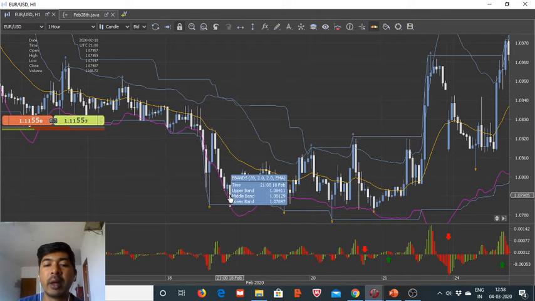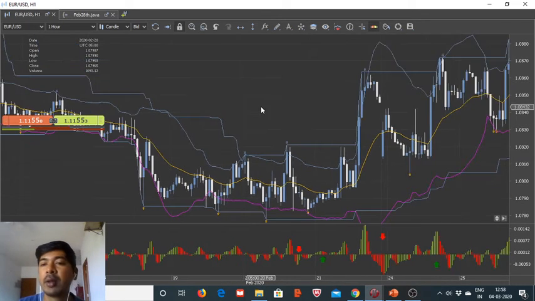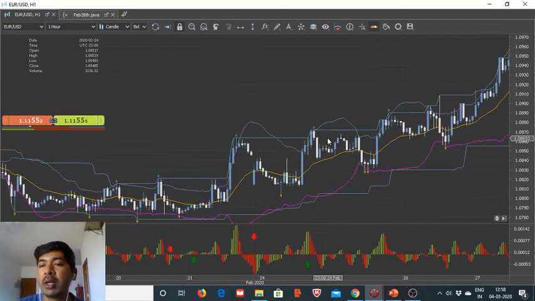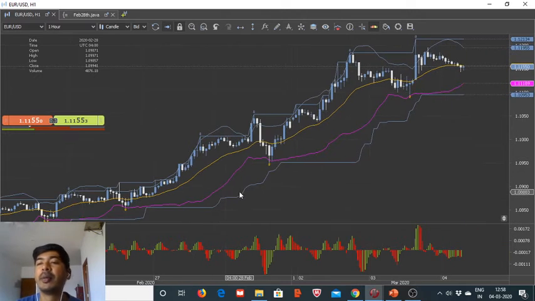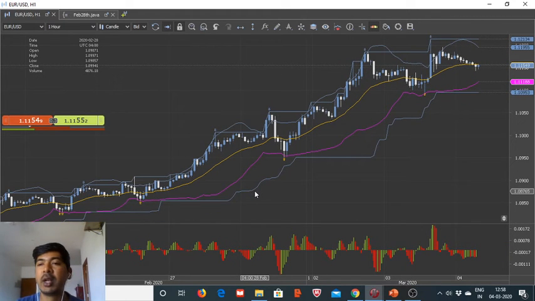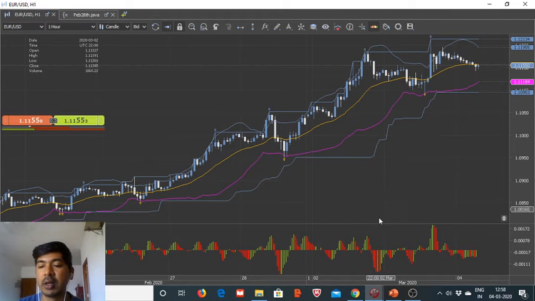And as you can see that after a fresh low or fresh high has been made, the underlying instrument tends to remain in consolidation phase, and we don't want too many trades to be executed during this phase, and that's why we have brought in this condition.